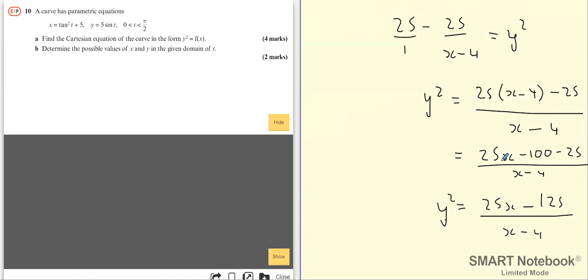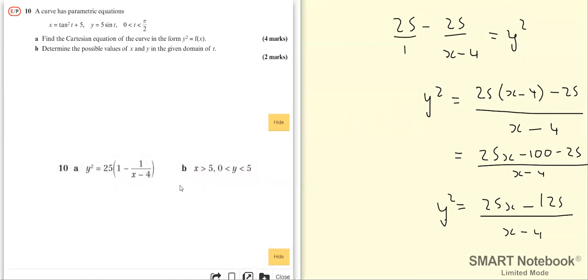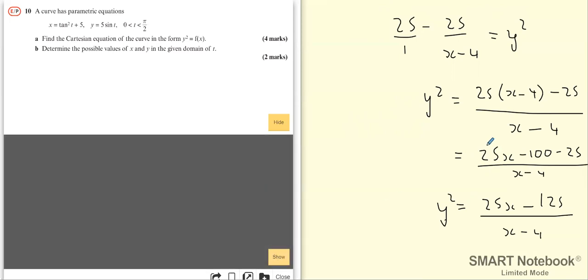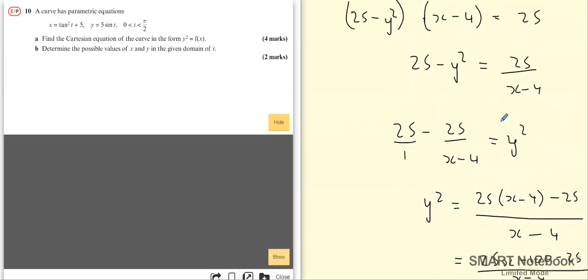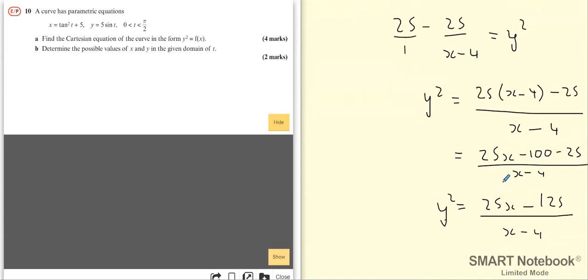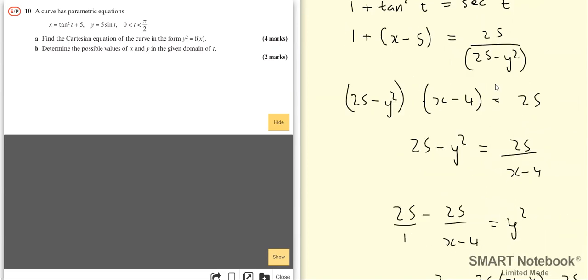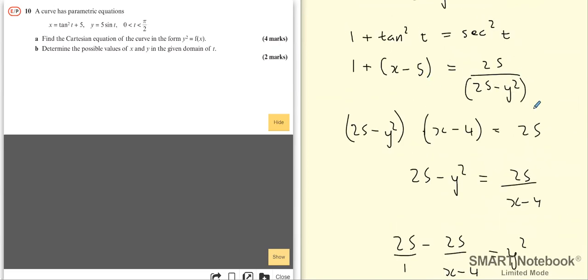Oh well, they've not done any of that, so that's fine. It's the same thing. I've just simplified it a lot more than I needed to, I guess. But you can see at each stage what we're doing.